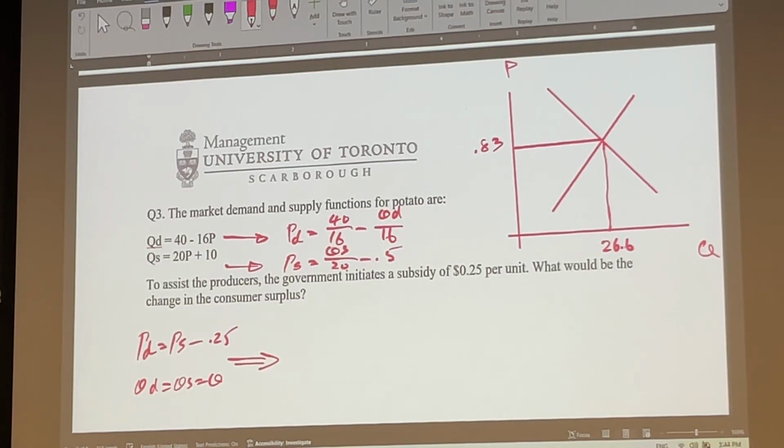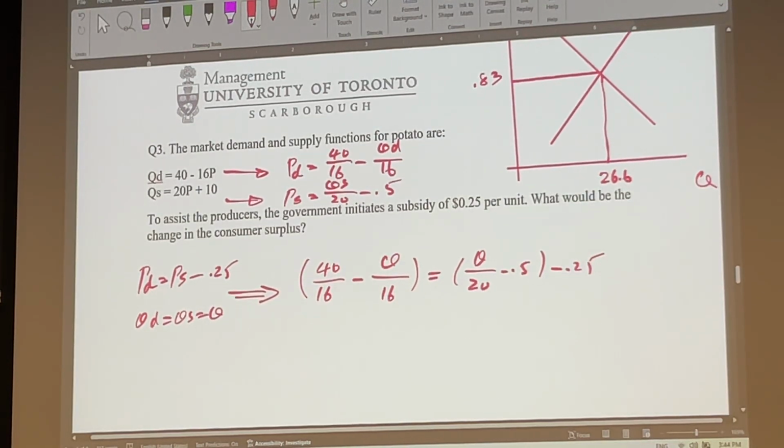So to apply them, that's what you should do. That's the post-subsidy case.